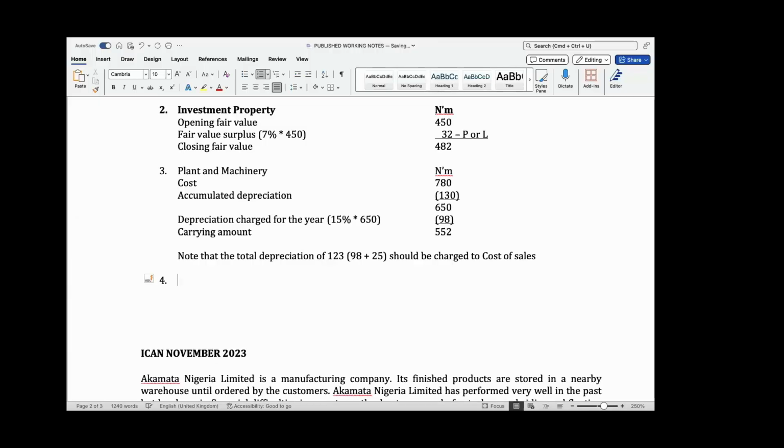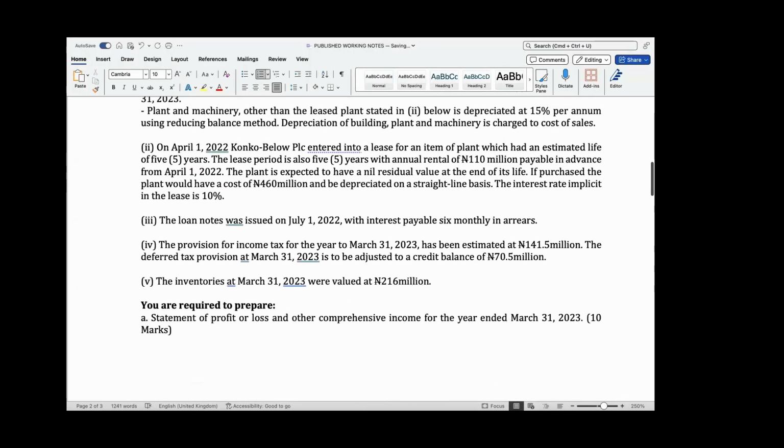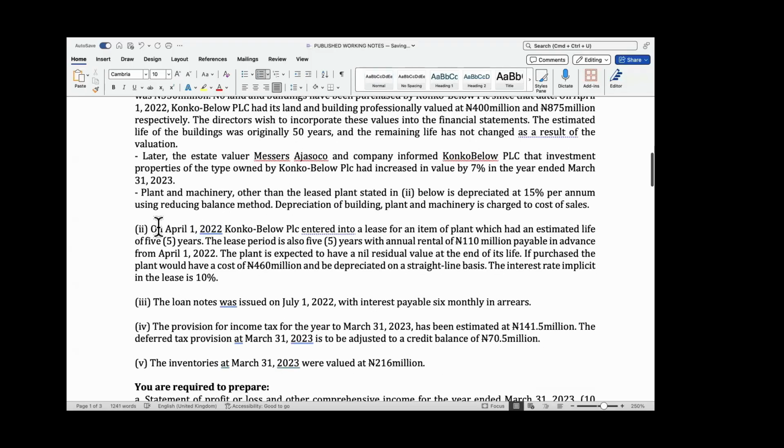Now, workings for the lease. Anytime they mention lease, since I'm the lessee, I just need to compute right of use asset and lease liability.